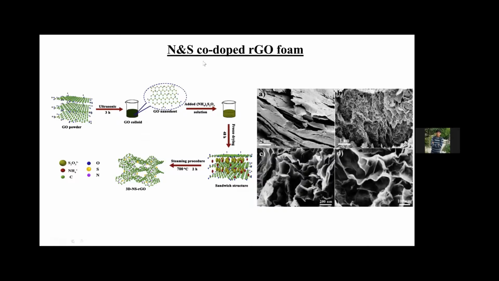During this freezing, the nitrogen and sulfur precursors are stacked in between the graphene layers, and then they heat it. This makes the sponge, and this becomes the doped structure, as we can see here from the SEM images.